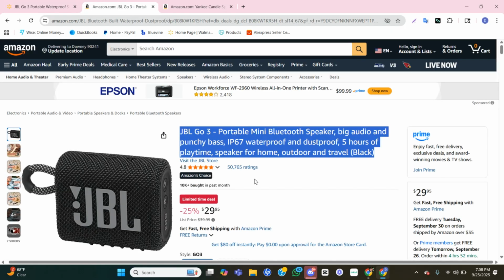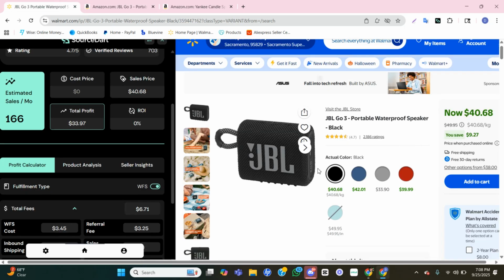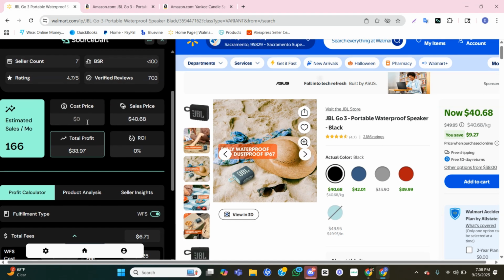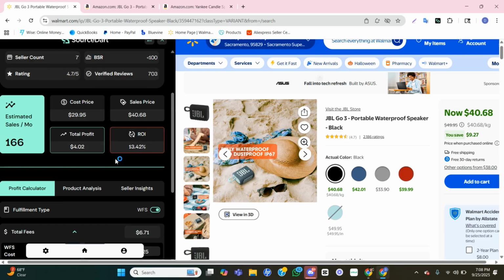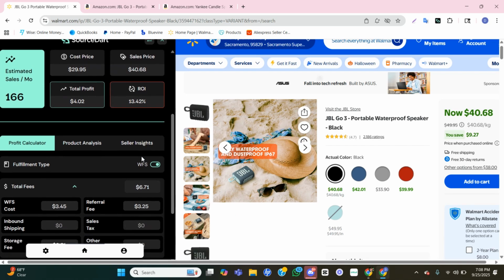If we buy this on Amazon for 29.95, we can add the cost, 29.95, and how much they're selling it for, 40.68. And you can see the profit you can get is $4.02, and the ROI is 13.42.